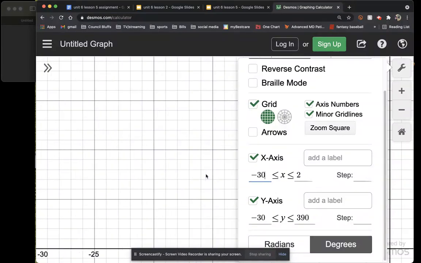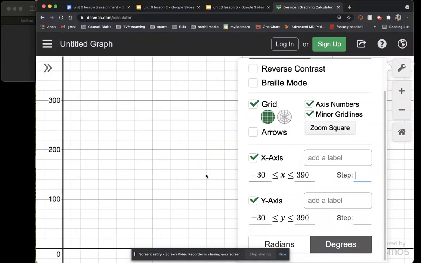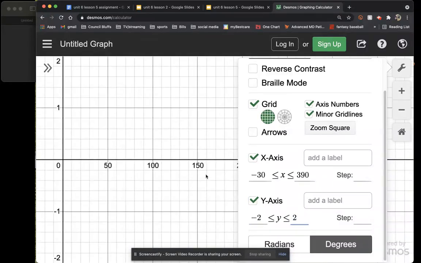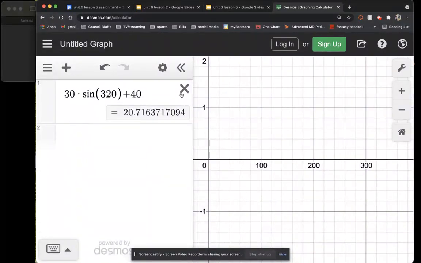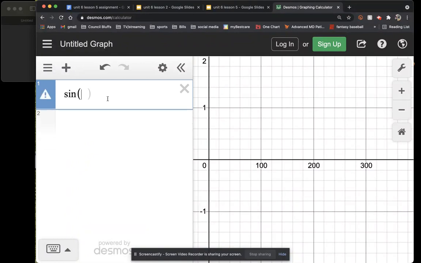Actually, I need to reverse that. Okay. And I'm going to graph sine of x.